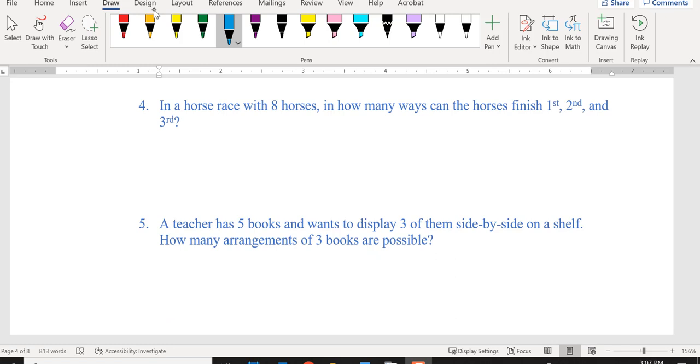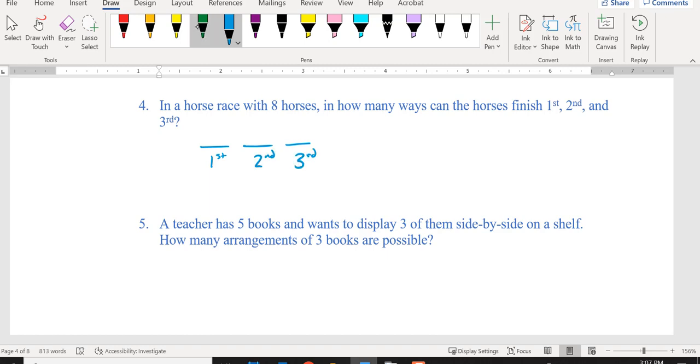Number 4, in a horse race with 8 horses, in how many ways can the horses finish first, second, and third? Okay, do you see why order matters? You can actually order these first, second, and third.